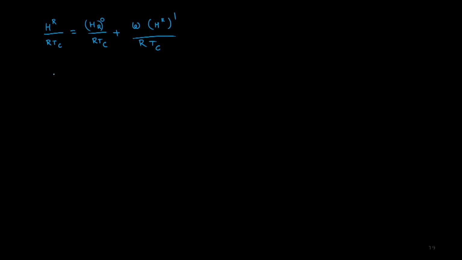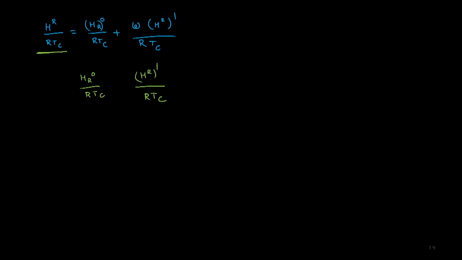Similarly, in the tables themselves, you will find the tables for HR naught by RTC directly, and the tables for HR1 by RTC. Once you have the two tables, you can combine them using the acentric factor, and we'll end up with a value of HR by RTC.